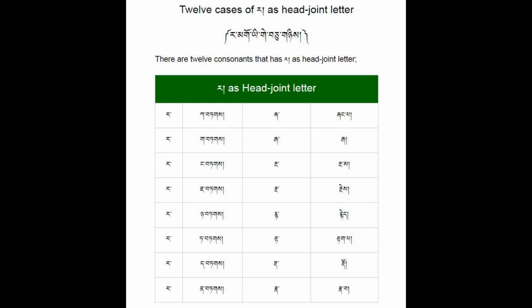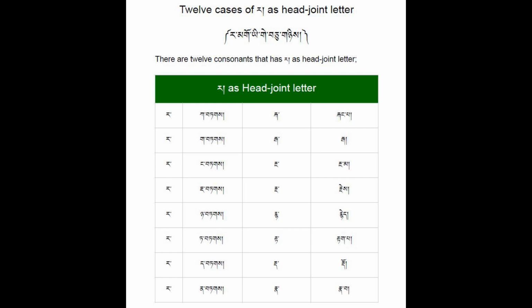So there are 12 cases where we have ra as the head joint letter. Rago, chungni, which means 12. So rago, which means head joint letter. So there are 12 consonants which have ra as the head joint letter. The first one is ka.